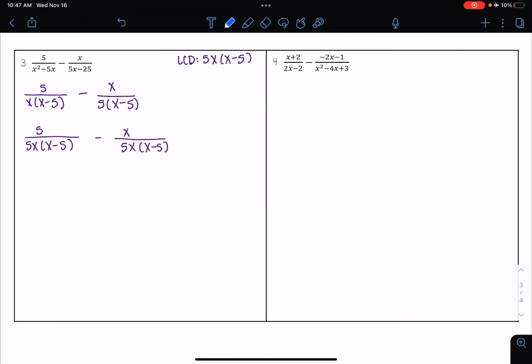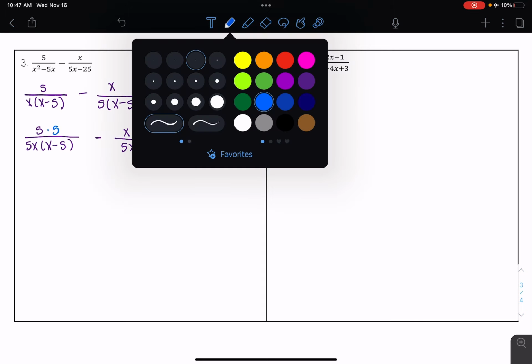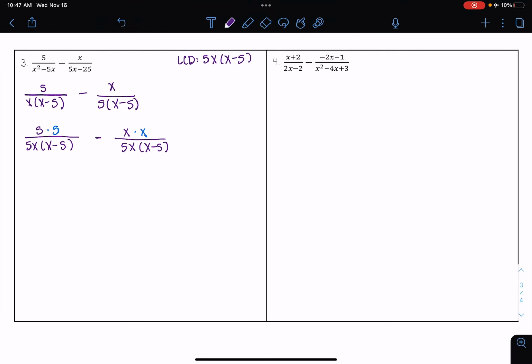For this first fraction, to get that 5 on the bottom, that means I need to multiply 5 on top. For this second fraction, I'm missing the factor x, so that means I need to multiply this x on top. And so when I get that, I have 25 minus x squared over 5x times x minus 5.